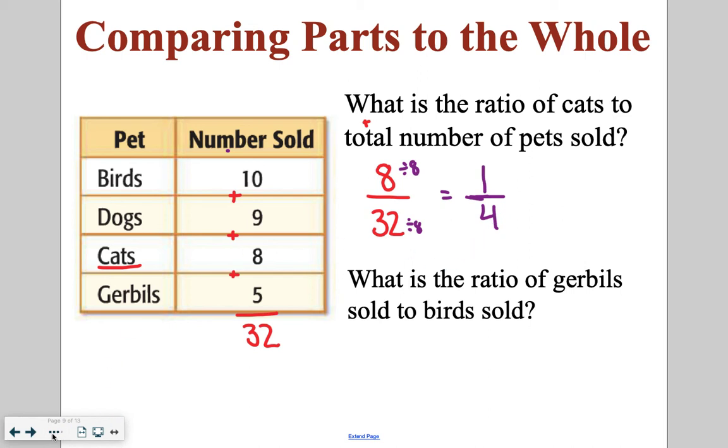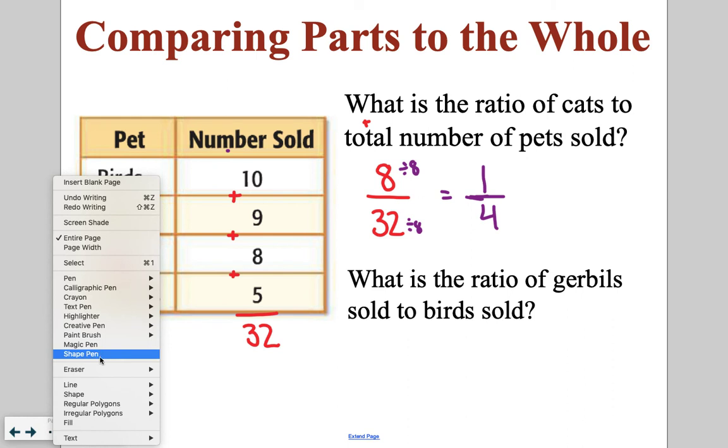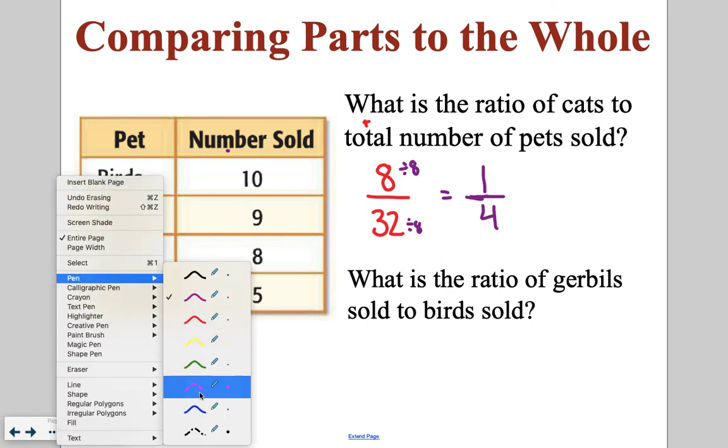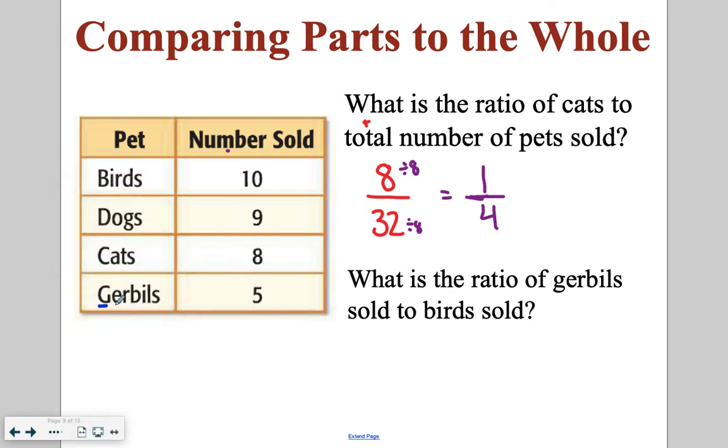We can also use this to answer questions dealing with smaller groups. Our second question is, what is the ratio of gerbils sold to birds sold? So our first number, our gerbils, is going to be our numerator. That's 5.